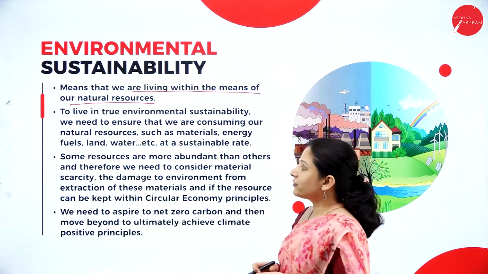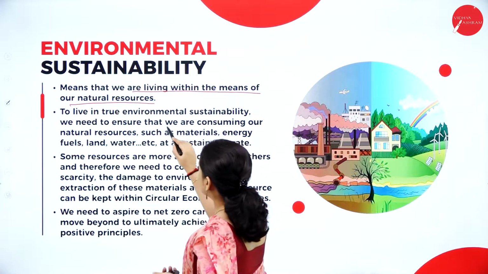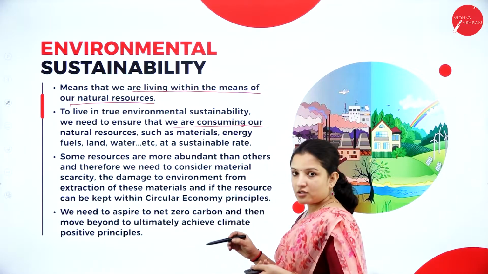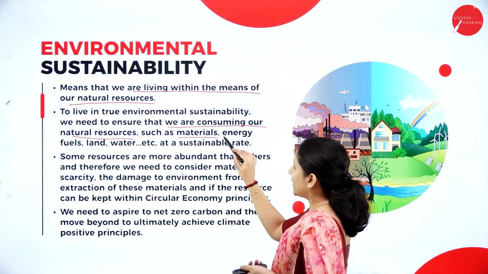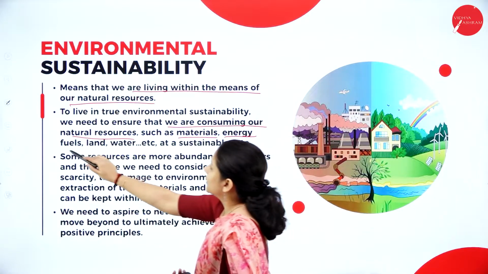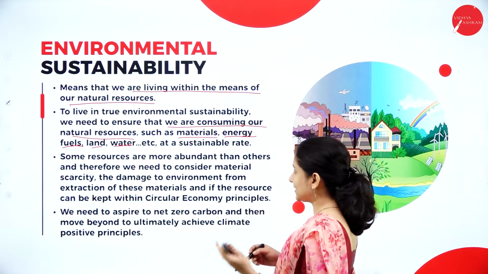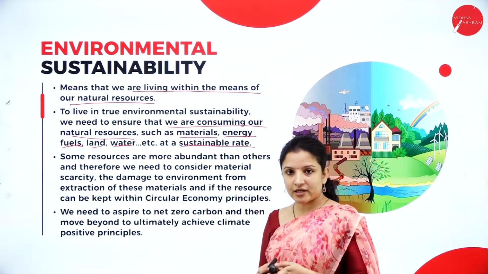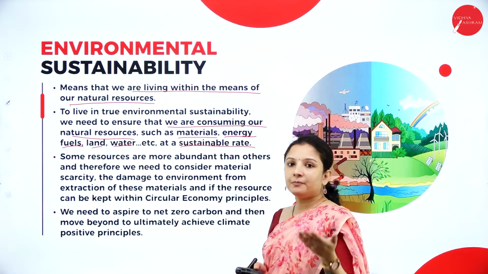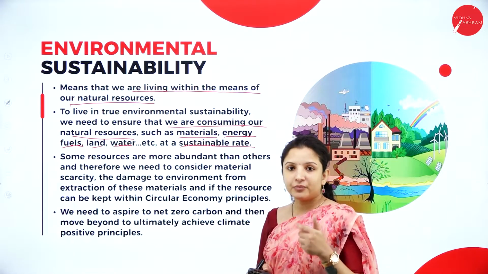So to live in true environmental sustainability, we need to ensure that we are consuming our natural resources, such as materials, various energy fuels, land, water, the air, food, etc., at a sustainable rate, that is, at a controlled rate. Here, the best example is land. Don't misuse the land.